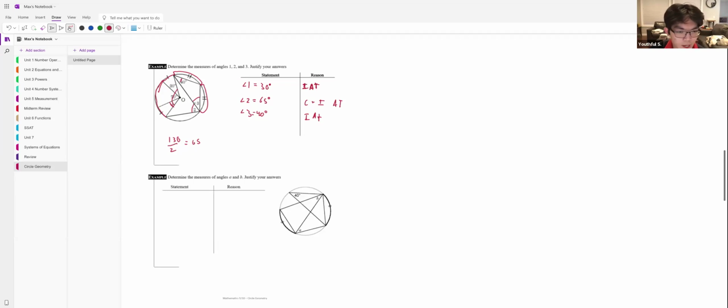So that means that angle 3 has to be the same since its arc is the same as this arc. So angle 3 is equal to 40 degrees. Does that make sense? Any questions? Or we can move on.